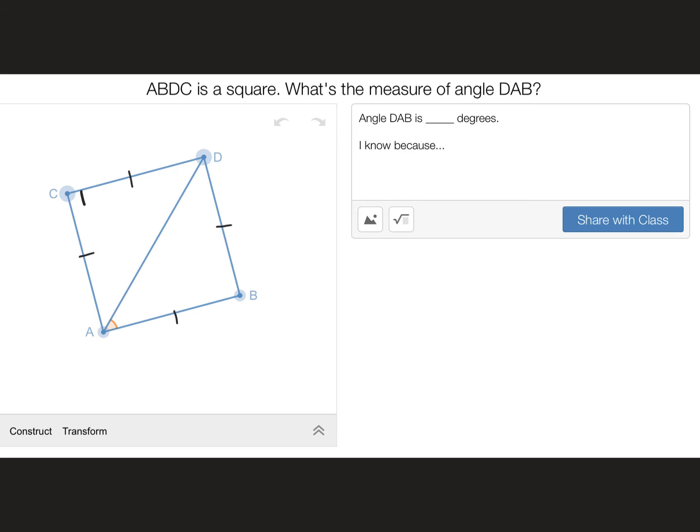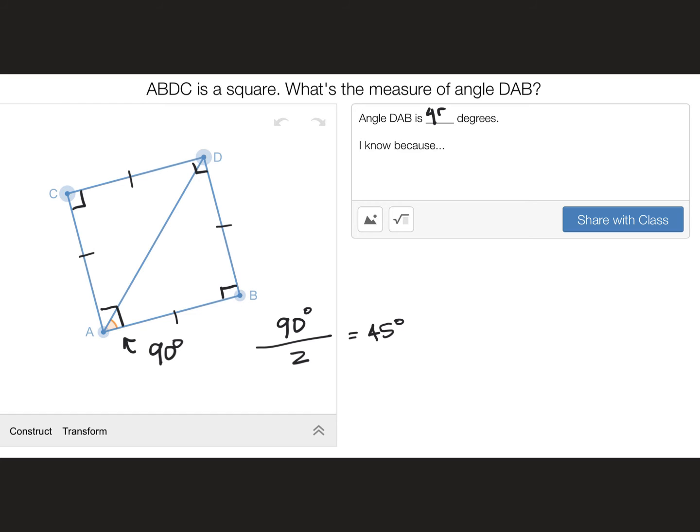We know that each angle is 90 degrees in total. And if that's the case, this line between A and D evenly divides this angle. And since this is a 90-degree angle, we could just say that that is going to be 90 degrees divided by 2, which is equal to 45 degrees.